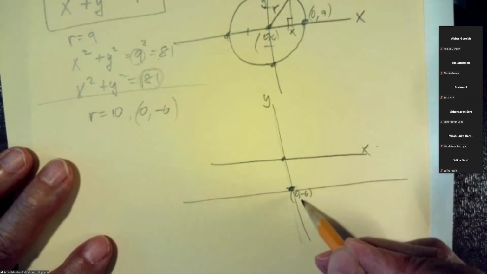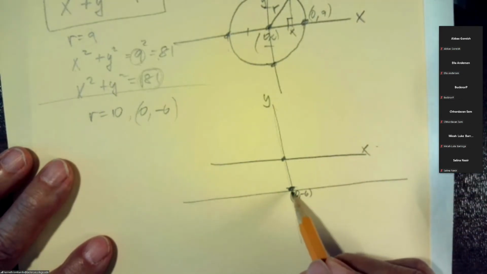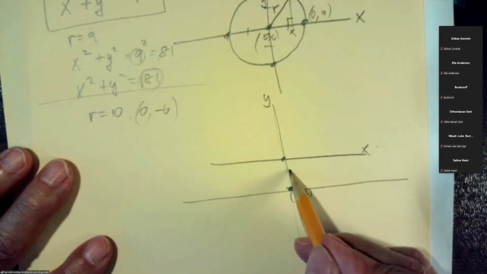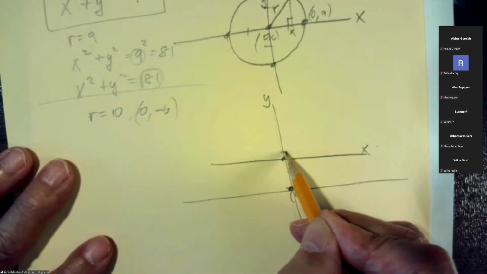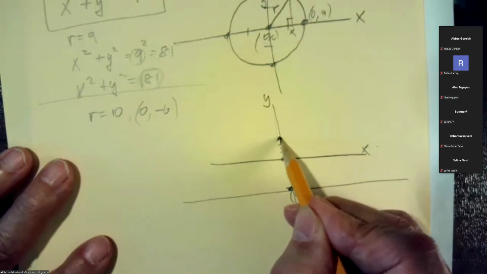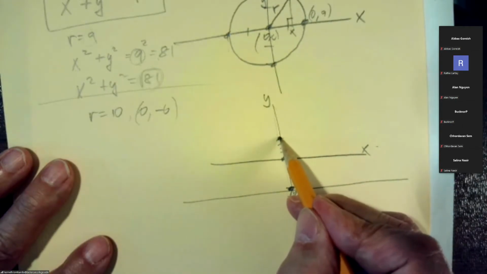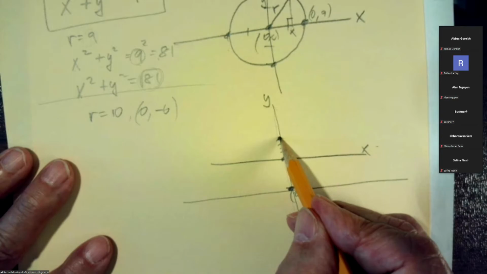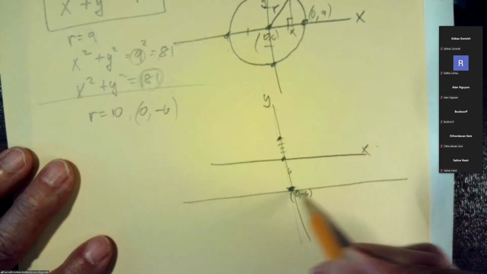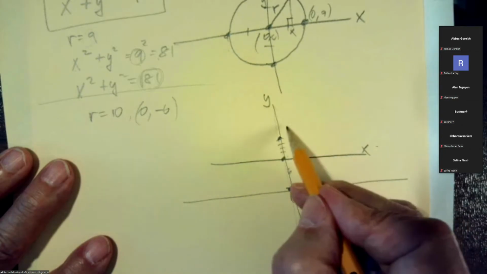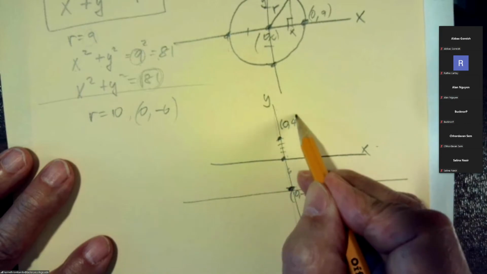My radius is 10, so I'm 6 to here, and I'm 4 more to this point here. So what is the value of that point? Well, it's 0 and then 6 and 4, so that's going to be 0 and 4, isn't it?